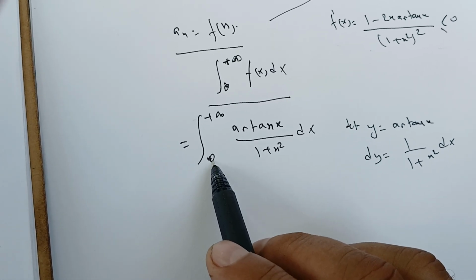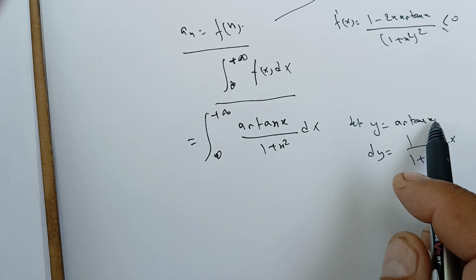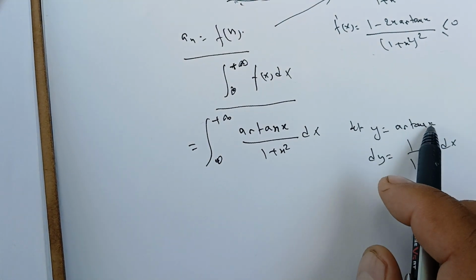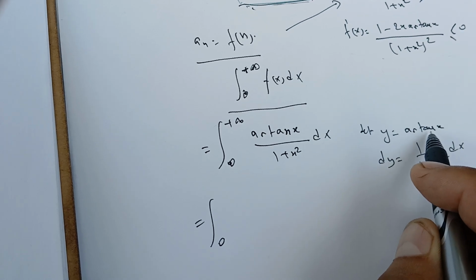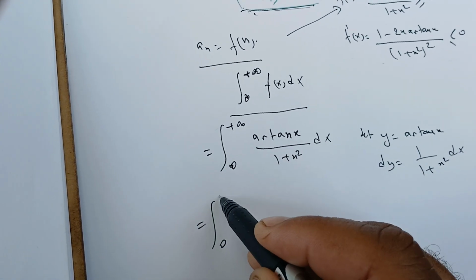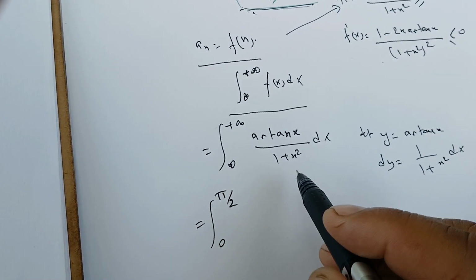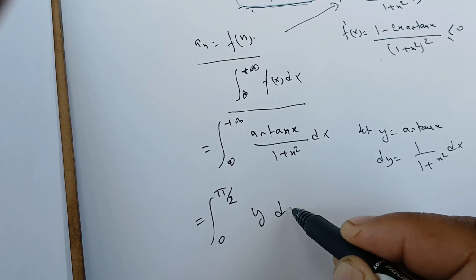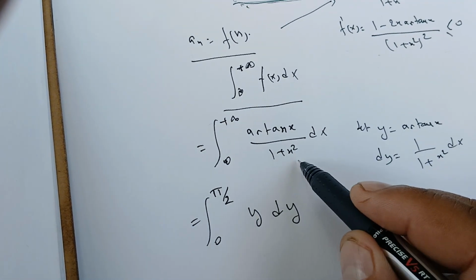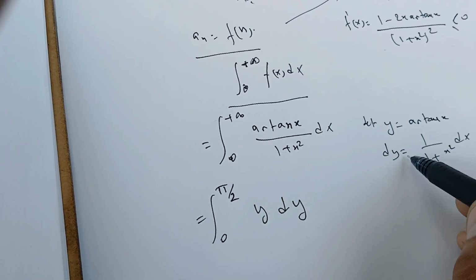When x is 0, y is 0. When x is infinity, y is pi over 2. So we have the integral of y dy, because dx over 1 plus x squared is just dy.